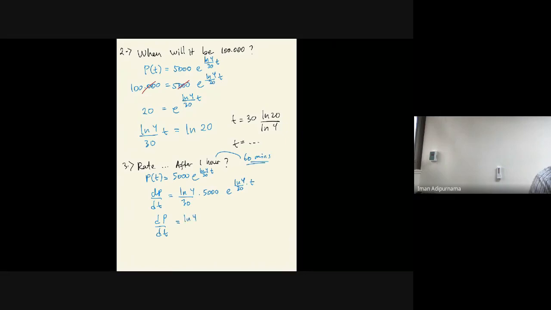So dP/dt is about (500/3) ln 4 e^(ln 4 · 60/30), and 60 divided by 30 is 2, so e^(2 ln 4). This is the rate after 1 hour.